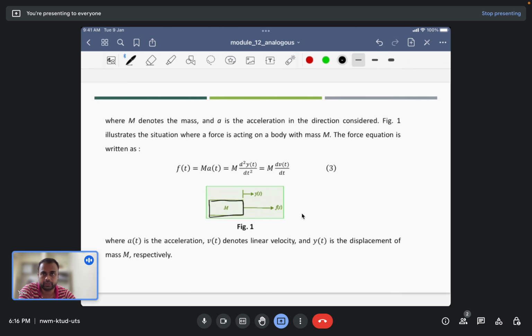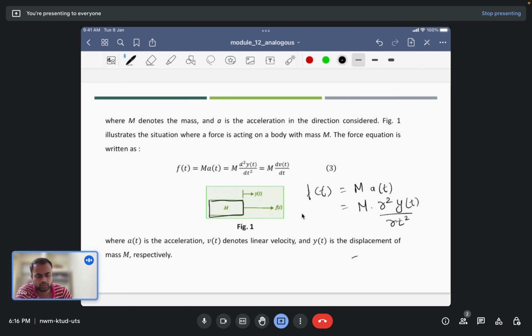The force equation is written as, from Newton's second law, force is a function of time here, because acceleration is given as a function of time. Mass is a constant quantity, and we can write acceleration as the second derivative of displacement. So here they are taking this as y, displacement is given by y(t), d squared y of t by dt square.